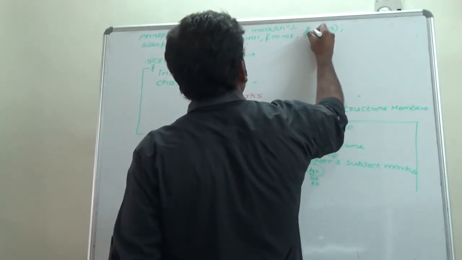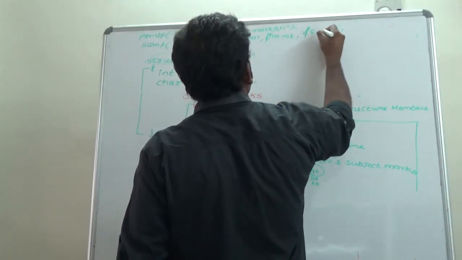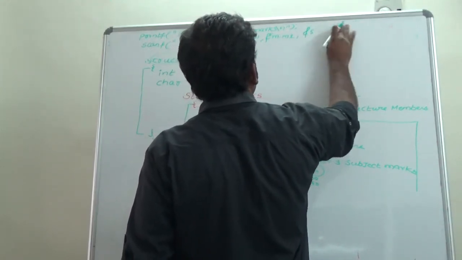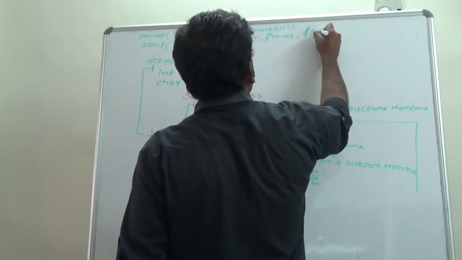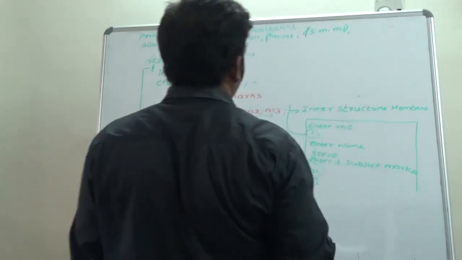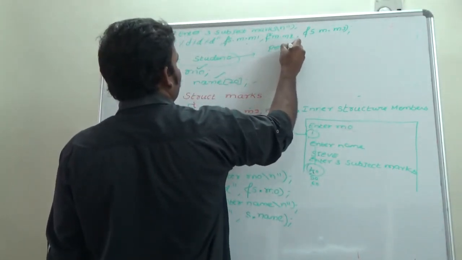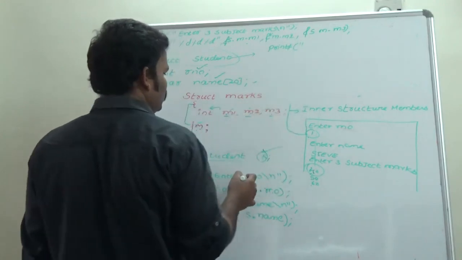And percent. So S dot M dot M2: outer structure object, dot inner structure object, dot inner structure member. Right, next I want to print the data. printf: first I want to print the roll number.